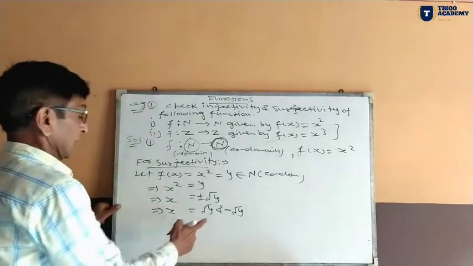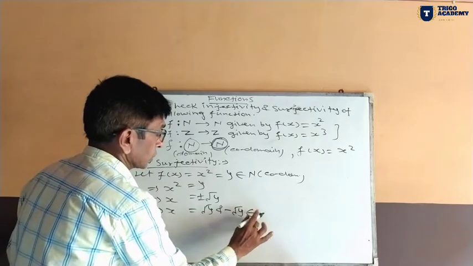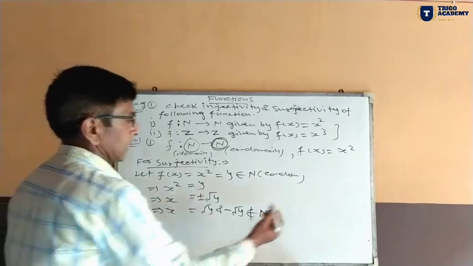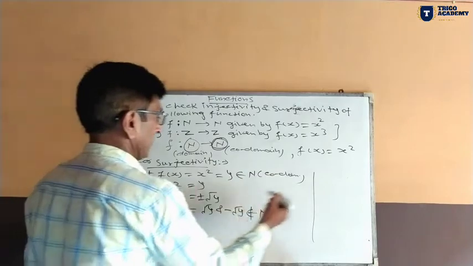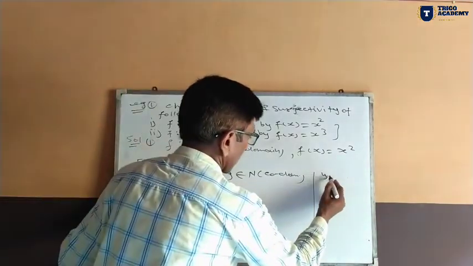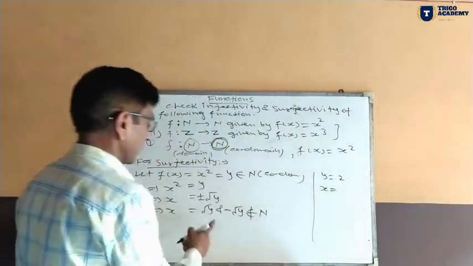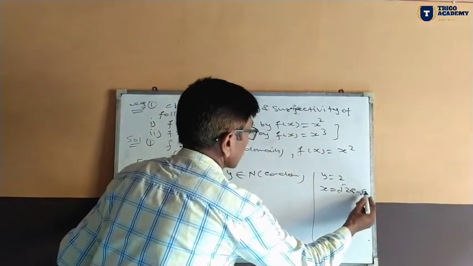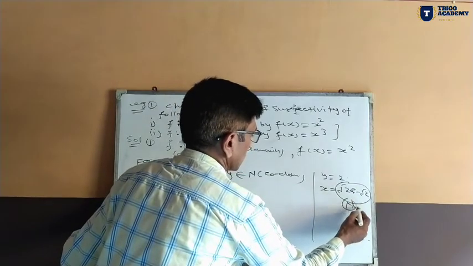These values do not belong to natural numbers. See this example: if we take the value of y as 2, then the values of x will be root 2 and minus root 2, and these are not natural numbers.